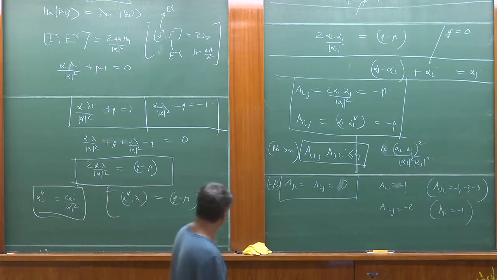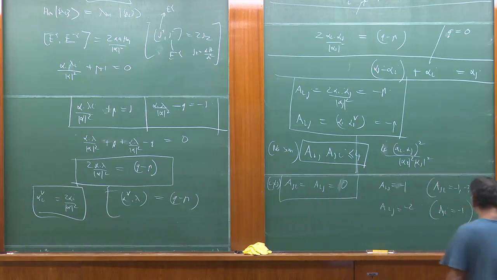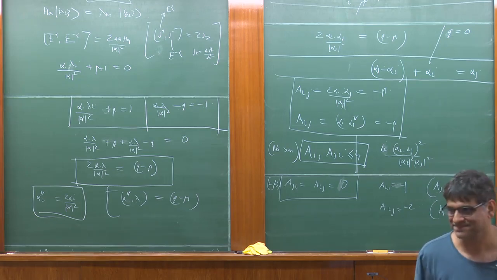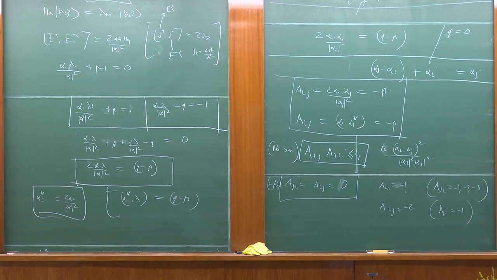So what we see is that it's never possible for all Aij's to be greater in modulus than 1. We've got an exhaustive listing of possibilities, and at least one of the nonzero Aij's has to be minus 1.